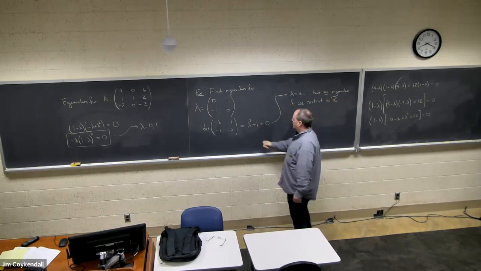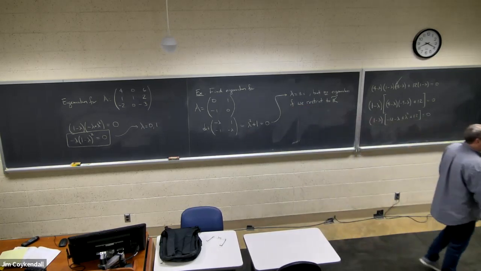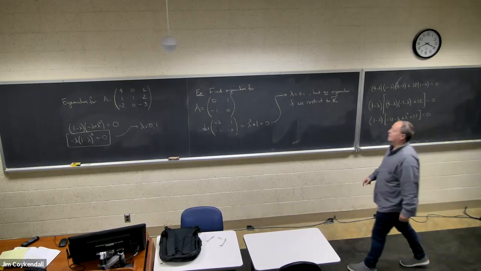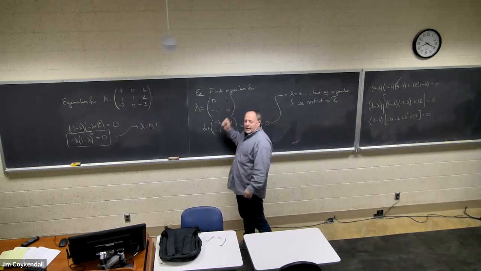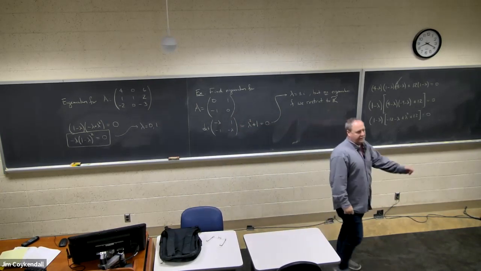Because of course there is no real number as a solution to that equation. So this matrix right here has no eigenvalues, no real eigenvalues.